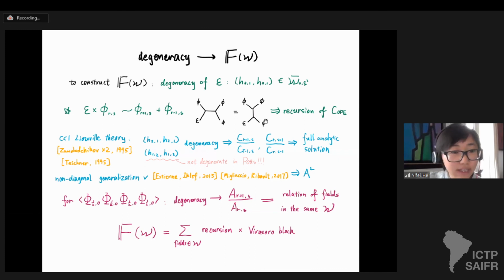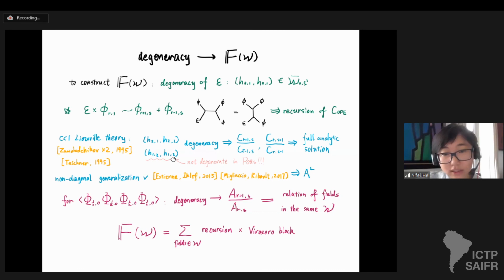This kind of technique was used to solve the c less than 1 Liouville theory in these earlier works. In that case, there are two fields which are degenerate. One is this energy H21, and the other one is H12.